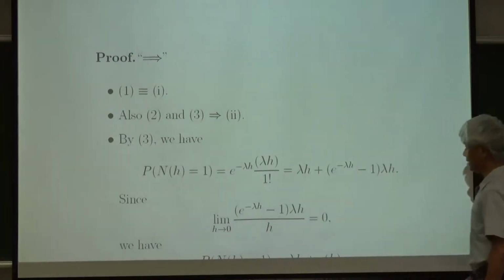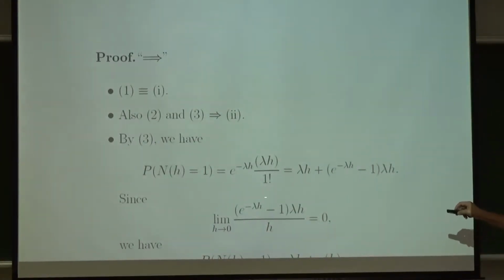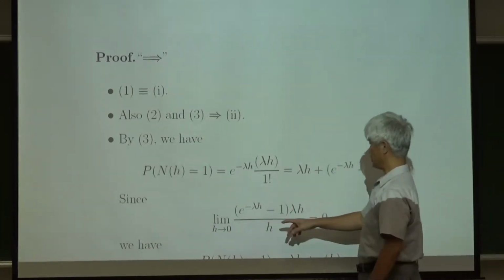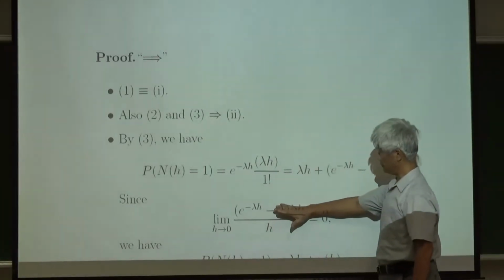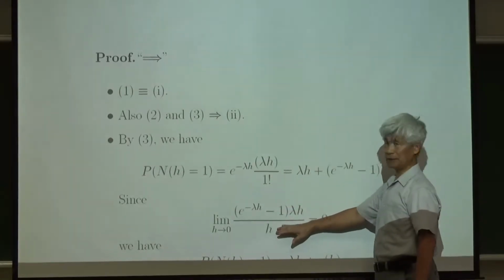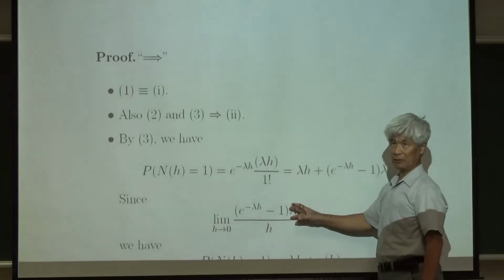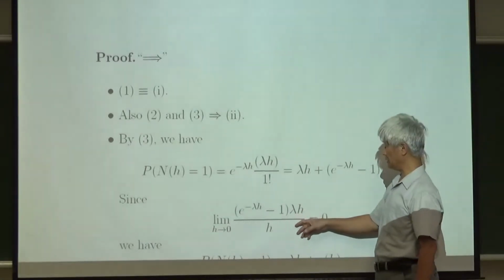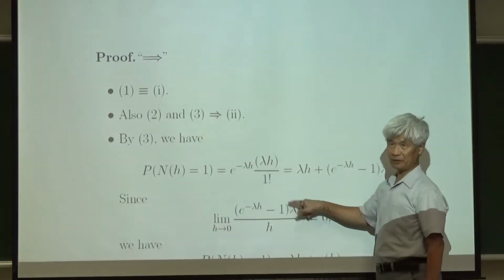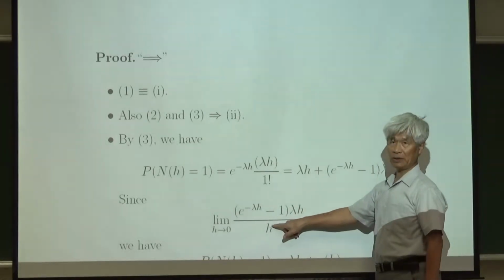As h goes to 0, both the numerator and the denominator go to 0 too, so by L'Hopital's rule, we can take the derivative of the numerator as well as the denominator.